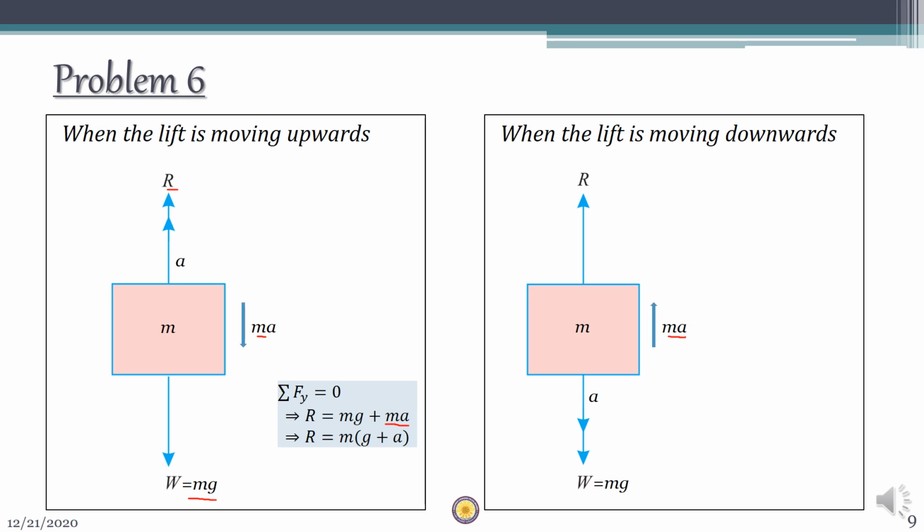The reaction force or the pull force and the weight should be in equilibrium. So the sum of all the forces in the y direction gives R plus ma is equal to mg, or R is equal to mg minus ma, which means that the reaction reduces by an amount of m into a, or the weight reduces by an amount of m into a. Fine. So this is one application of D'Alembert's principle.